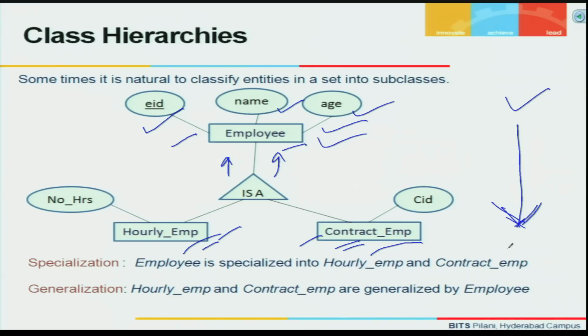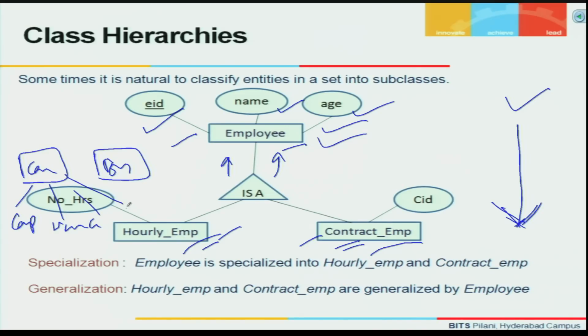In some cases, first we have subclasses and then, based on the commonality, we derive superclasses. For example, if I have a car and a bus, and both have some capacity, a vehicle number and a cost, then the common attributes can be taken into a superclass, and I can associate those common attributes with the superclass.